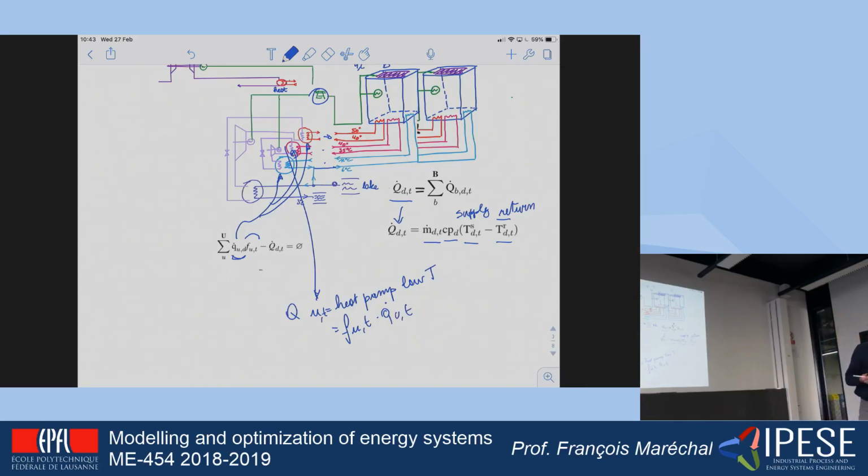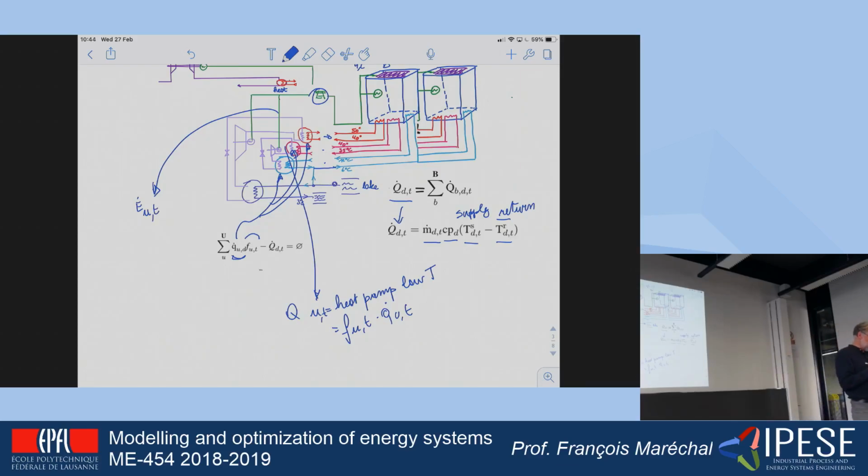Okay? And if now I know the link between the flow here, which is the electricity that is consumed by U at time T.